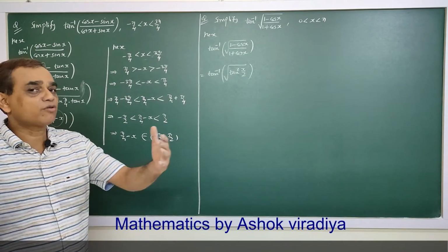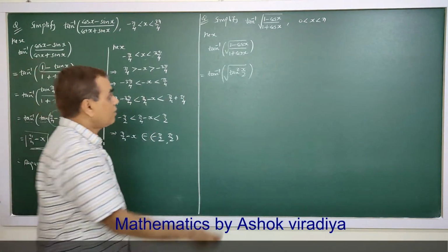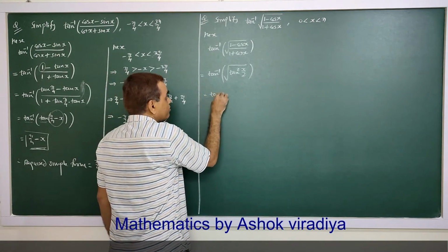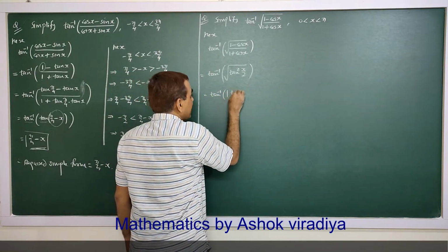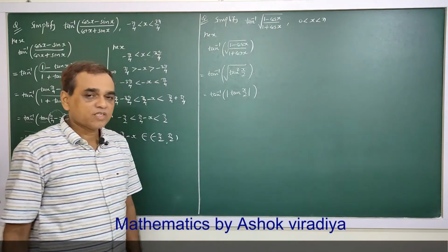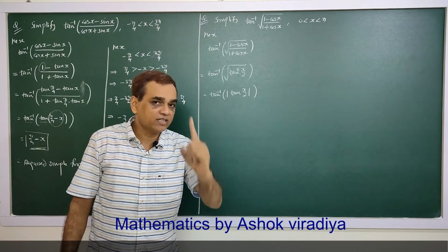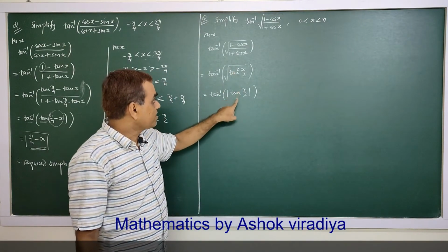Now the square root of tan square x by 2 is modulus of tan x by 2. The square root of t square is modulus t, not only t.